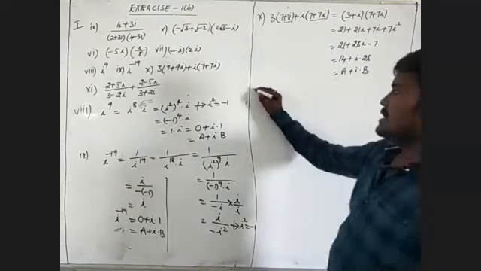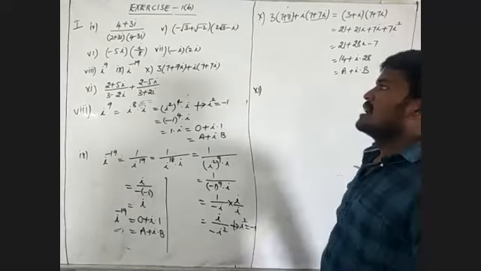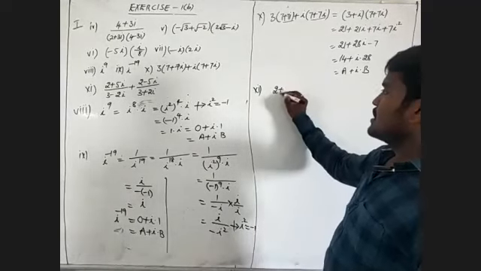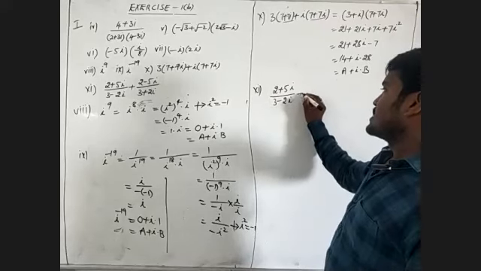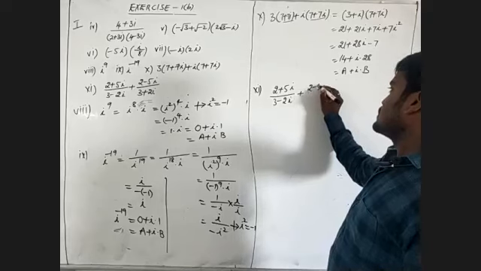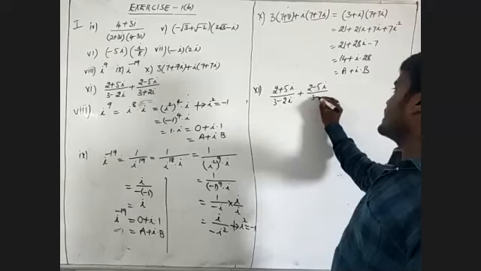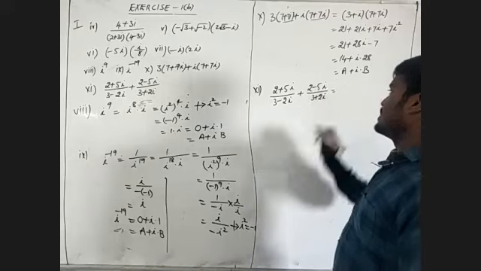Now I am going to the 11th one. This is the last problem in this section. This is 2 plus 5i by 3 minus 2i plus 2 minus 5i by 3 plus 2i is equal to.